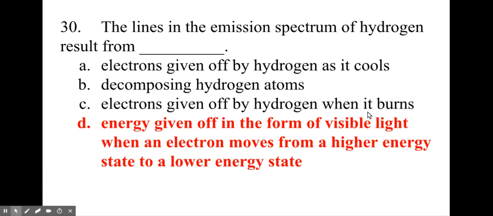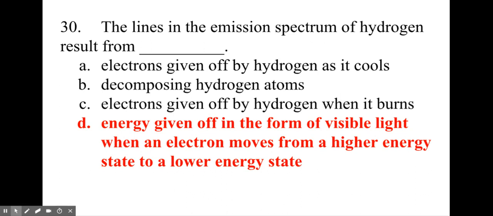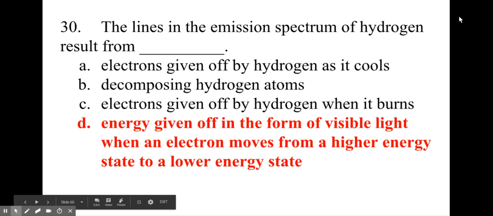Electrons given off by hydrogen when it burns is not what we think about when we do flame tests. This is not really giving us the full emission spectrum. We really want more of a definition of why this is happening at an atomic level.